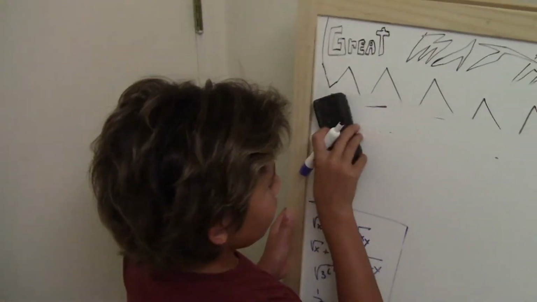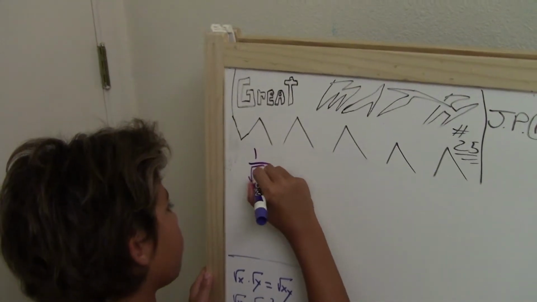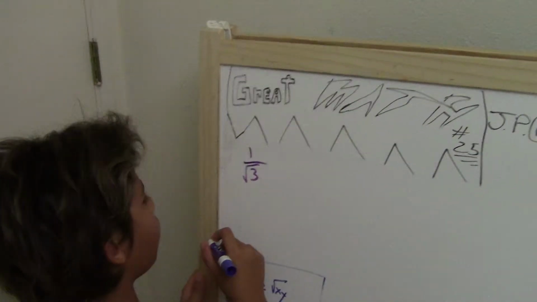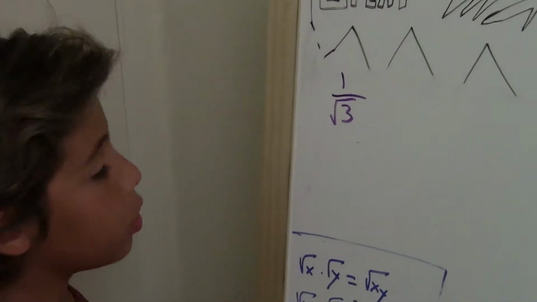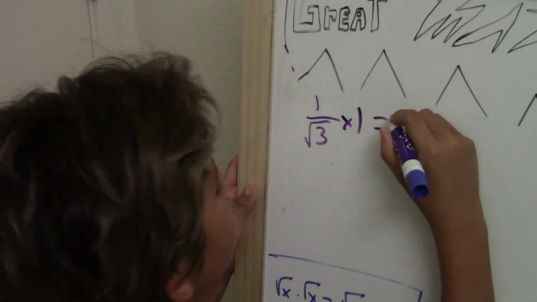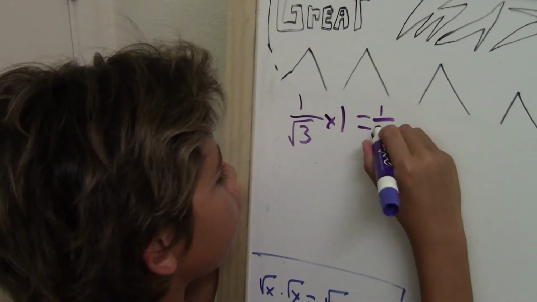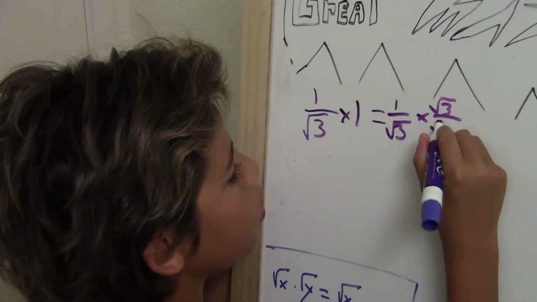Now let's do something a little bit more challenging. 1 over the square root of 3. Well, we can't just times the square root of 3 on both sides because it's not an equation. So the only thing we can do is times 1, which is the same thing as 1 over the square root of 3 times the square root of 3 over the square root of 3.